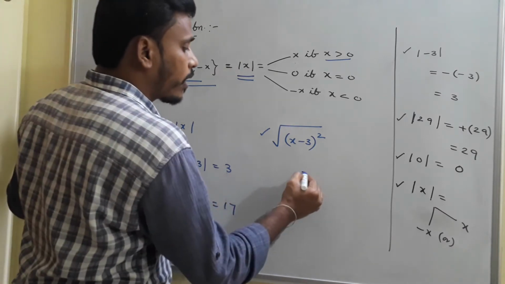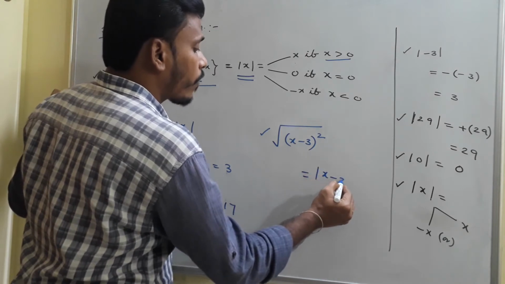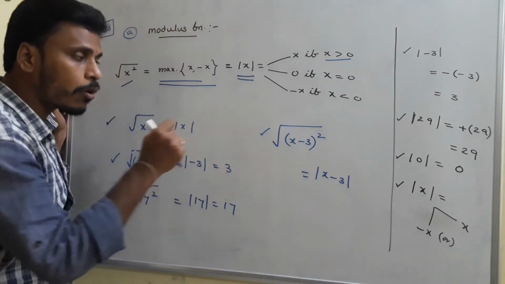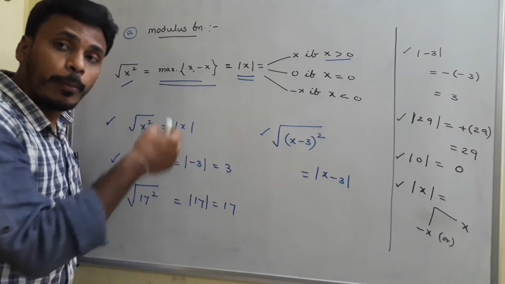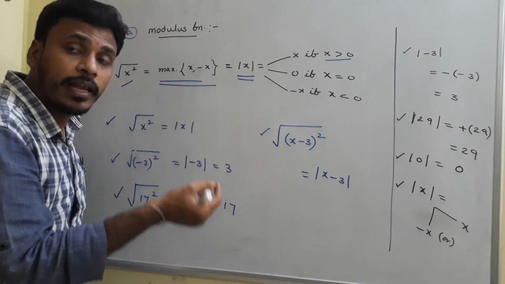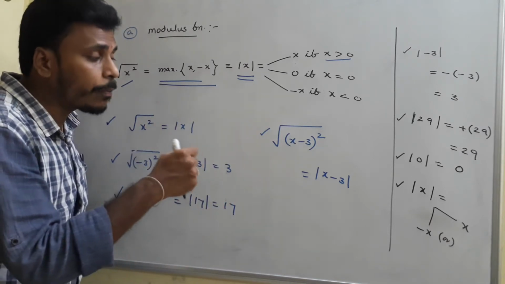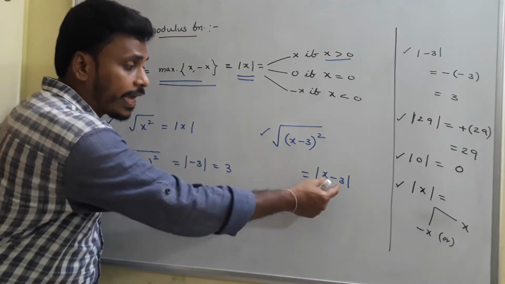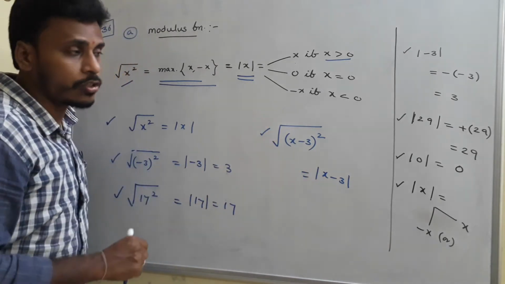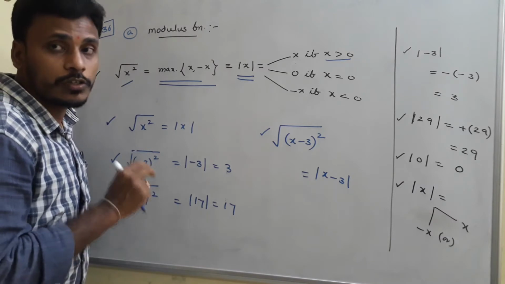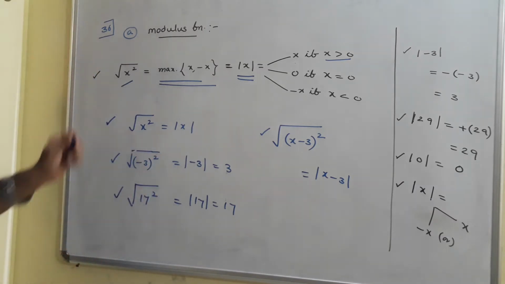So root of x minus 3 whole square is modulus of x minus 3. And that modulus of x minus 3 again may be x minus 3 or minus of x minus 3. It depends on x and it depends on the expression which is there in the modulus. Okay, this is something about the modulus function. Just have a look.